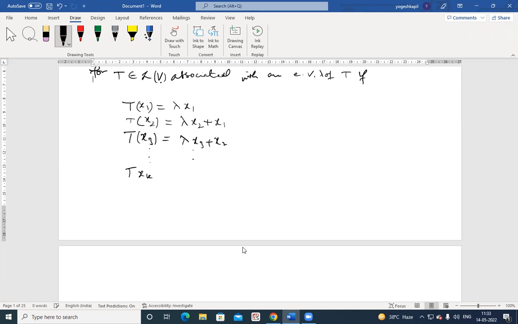T of xk is lambda times xk plus xk minus 1.